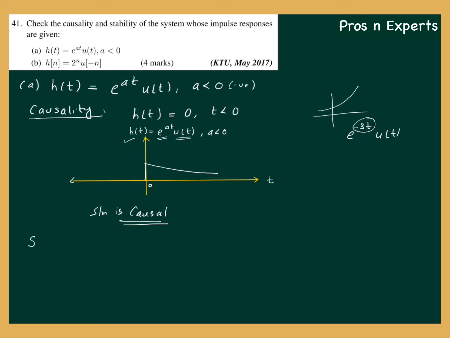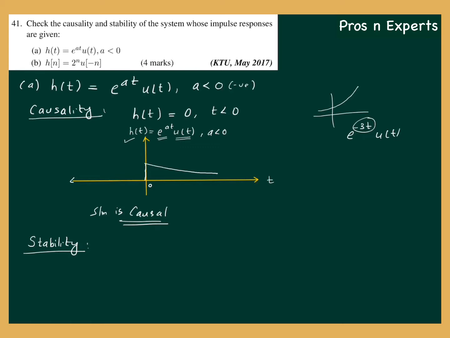Next, we have to judge the stability of the system. Again, stability can be easily judged by just looking at the impulse response. So just looking at this impulse response, how can you judge or comment about the stability of the system? For an LTI system to be stable, what is the condition?